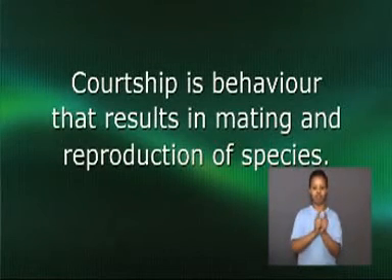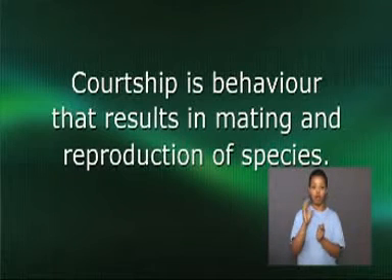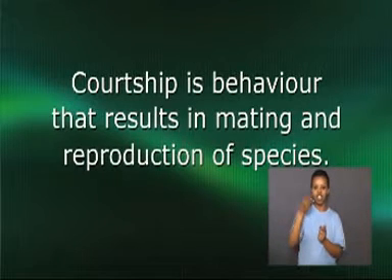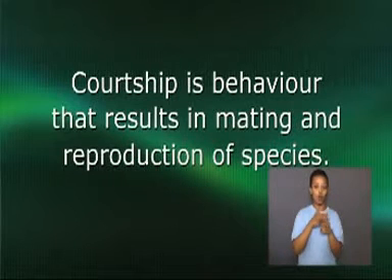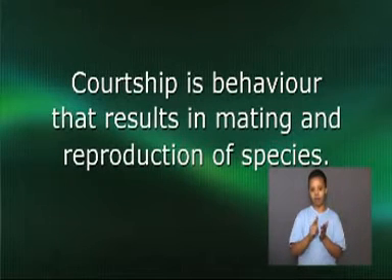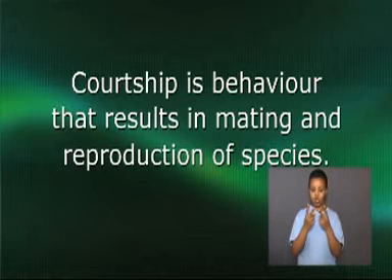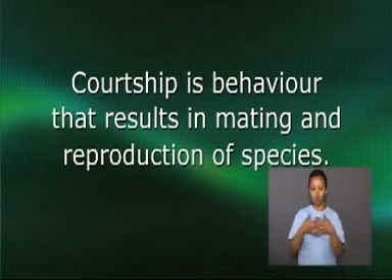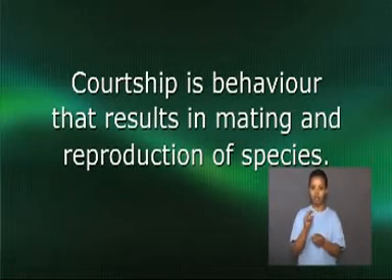Courtship in animals is behavior that results in mating and eventual reproduction of species. It may be simple, involving a small number of chemical, visual, or auditory stimuli, or it may be a highly complex series of acts by two or more individuals, using several modes of communication.